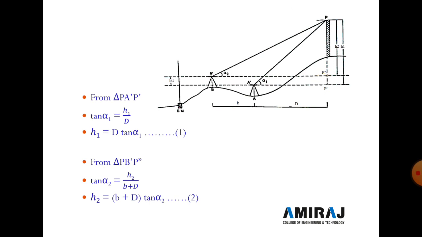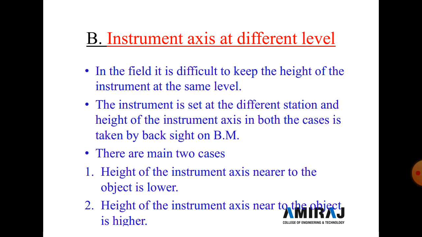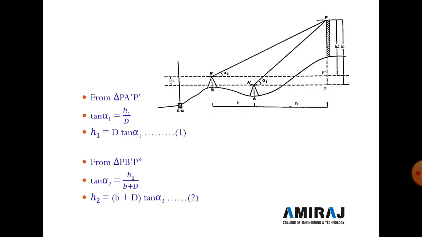Now we apply the triangulation rule for instrument station 2, alpha 2. Tan alpha 2 is h2 divided by b plus d. Here the summation of all the lines is b plus d. So tan alpha 2 is equal to h2 divided by b plus d. Now h2 is equal to b plus d tan alpha 2.